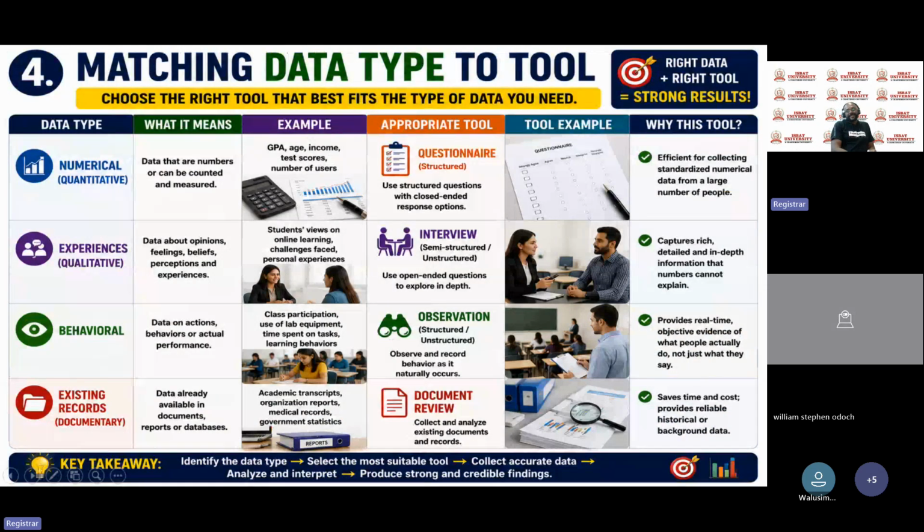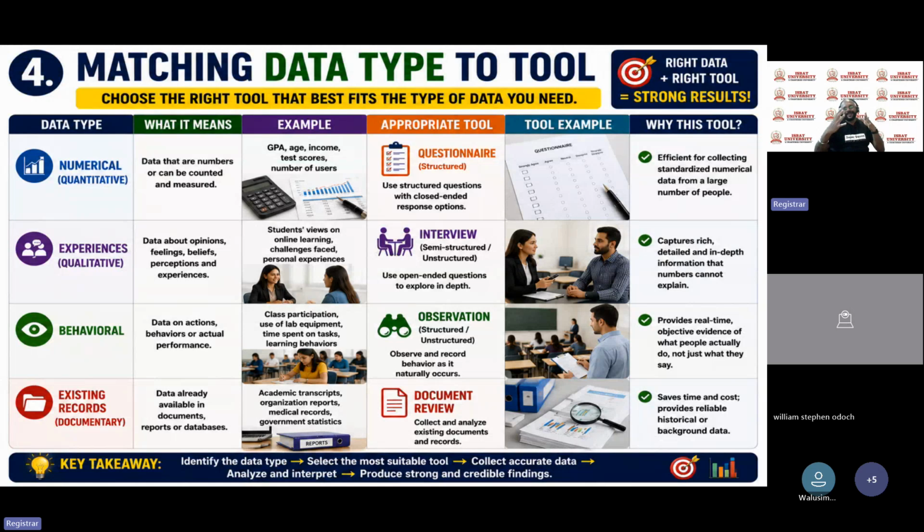Now, we are going to see how we can embed this data type into a tool, or how this data can be collected using a data collection tool. If you take numerical data, it is quantitative, it is in number.